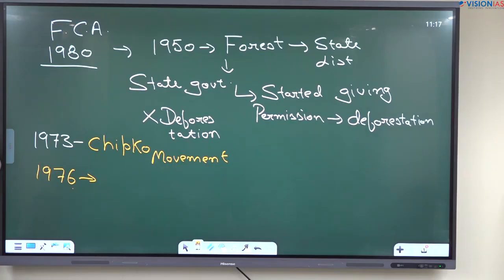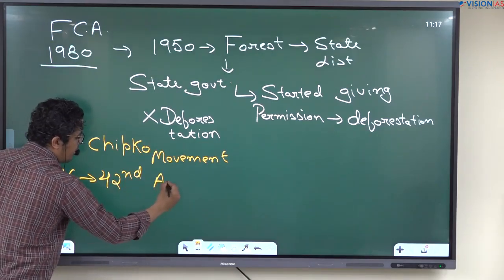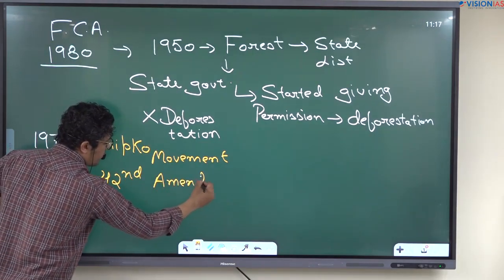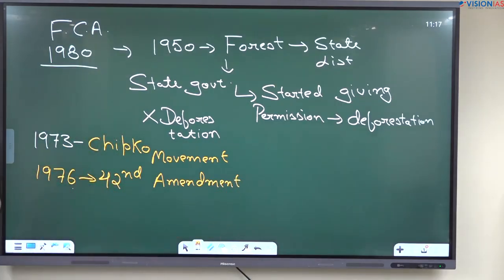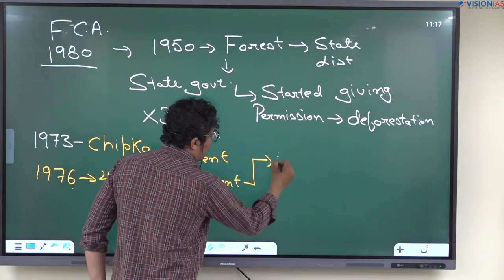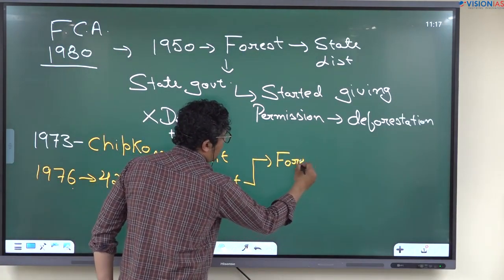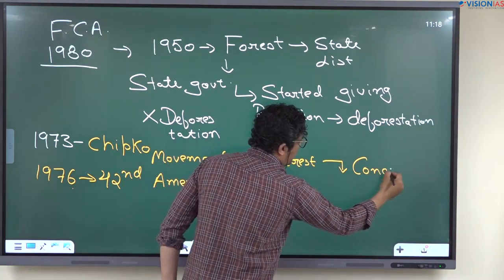So center took a very serious notice of this, and in 1976 an amendment was made in constitution. The 42nd amendment was made, and under this amendment forest was shifted to which list?